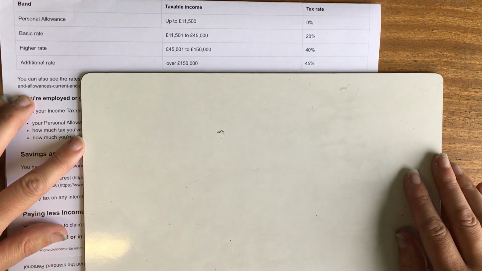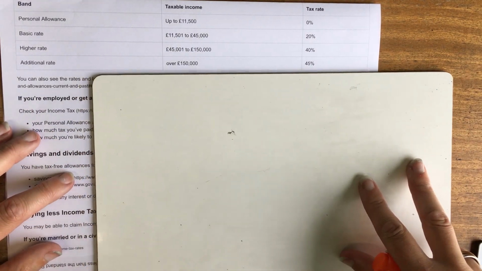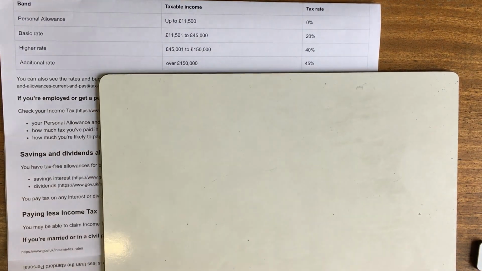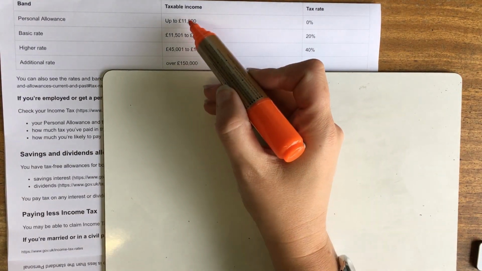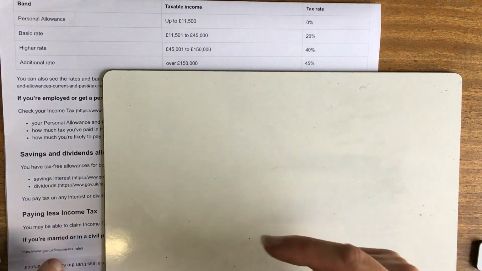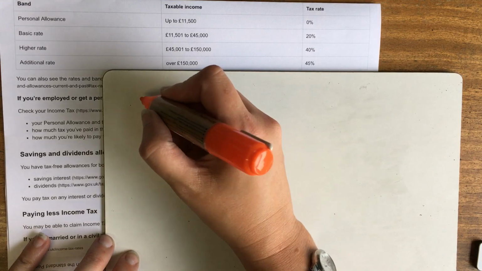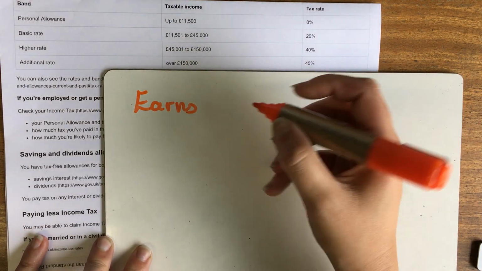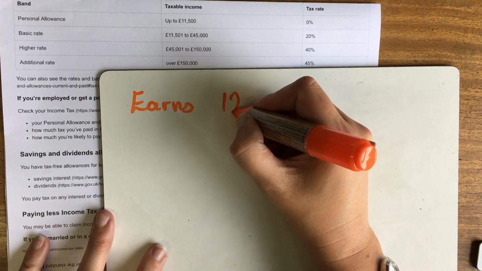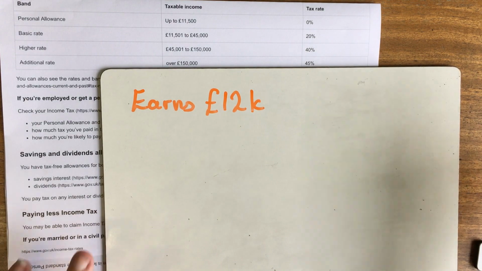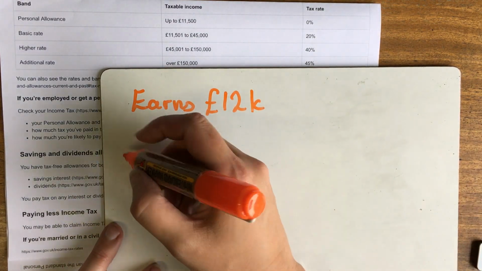Okay, so if you are a person who earns anything up to 11,500, you pay no income tax. If you are somebody who earns, say, 12,000, then that 12,000 is split.